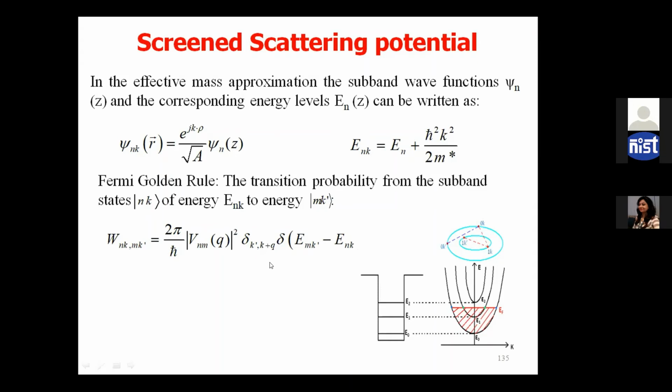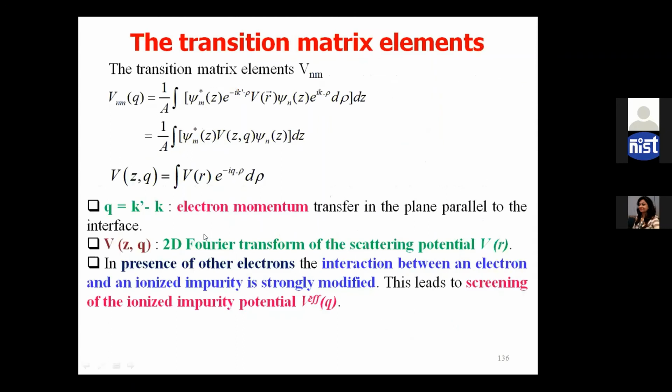This V is the scattering potential. The transition matrix element V_nm is equal to 1 by A times the integral of psi m star, with <k prime| V(r) |psi m>. That can be expressed in terms of V(q), which is equal to the Fourier transform of V(r).